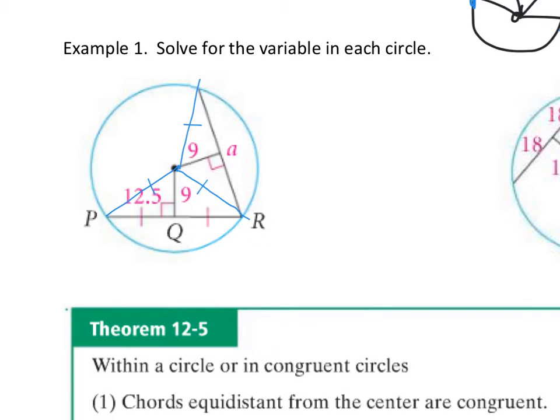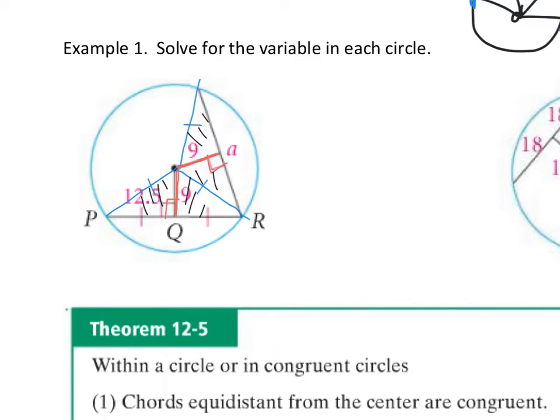And let's see, I know that this side and this side are both 9, and this is making a right angle and this is a right angle. So technically these 2 triangles are congruent by HL. Do you remember HL? So hypotenuse and leg. So all 4 of these triangles are equal.